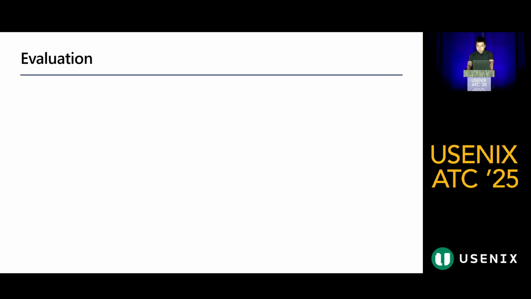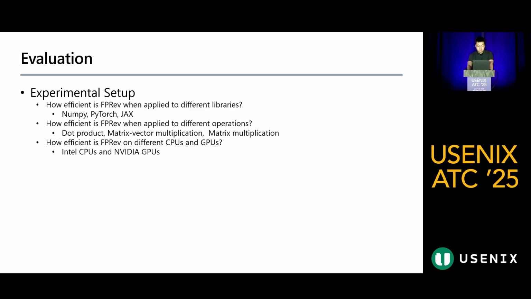Let's now move on to the experimental setup. We aim to evaluate the efficiency of FPRev across different dimensions. First, we ask how efficient FPRev is when applied to different numerical libraries. We evaluate it on NumPy, PyTorch, and JAX.